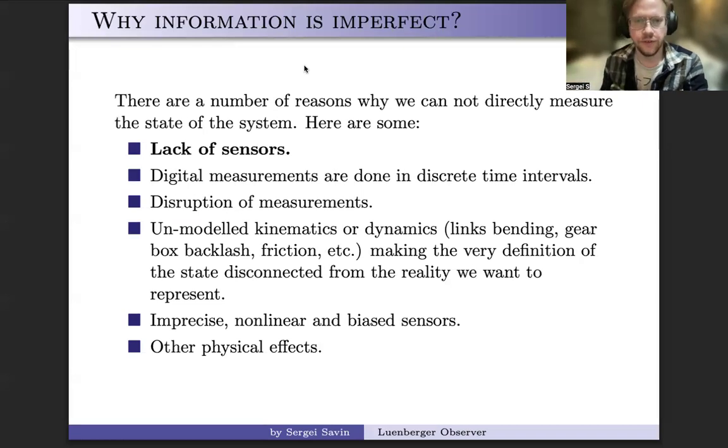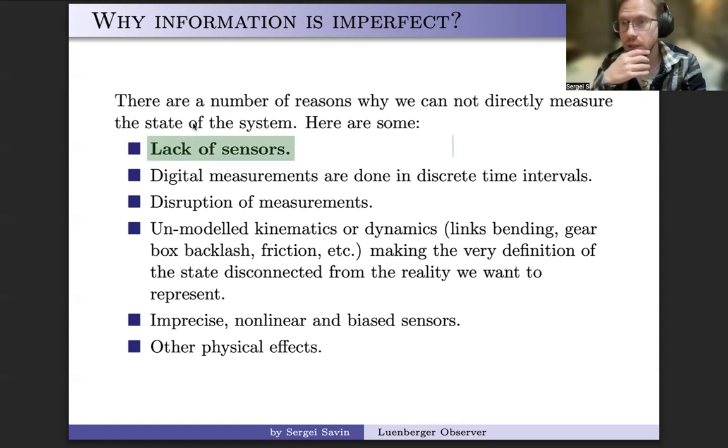Well, the first reason, and I think the most common reason that you would see in simple practical examples, is lack of sensors. So often enough, you simply don't have a sensor to measure something. Often enough, it is difficult to find a sensor which would measure a certain component of your state.